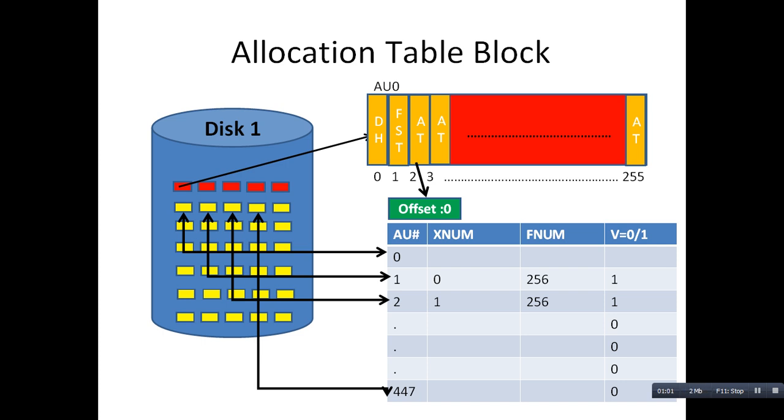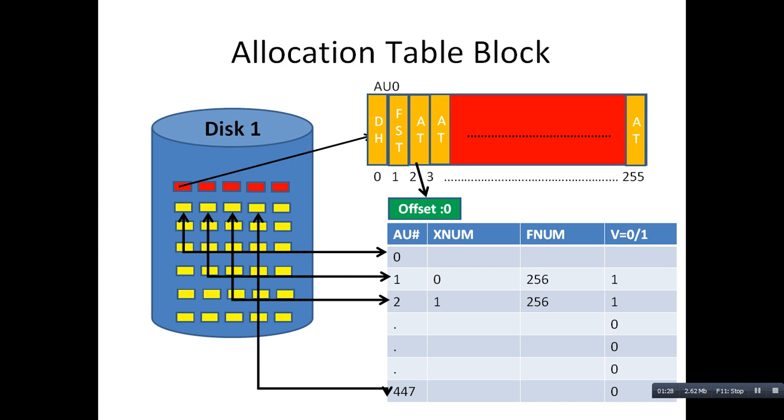Each allocation table block can hold information for 448 allocation units. So the allocation table has a total of 254 allocation table blocks. In allocation unit 0, we have a total of 256 blocks, and block 0 is reserved for the disk header and block 1 is reserved for the free space table, and we are left with 254 blocks.